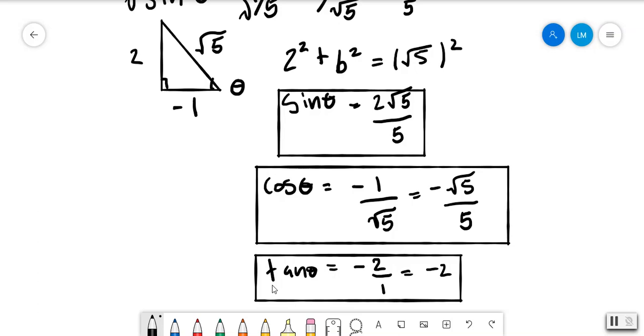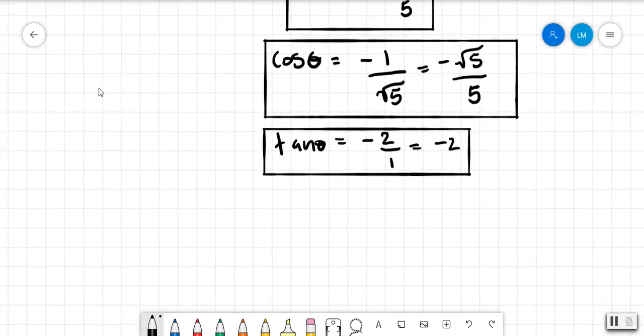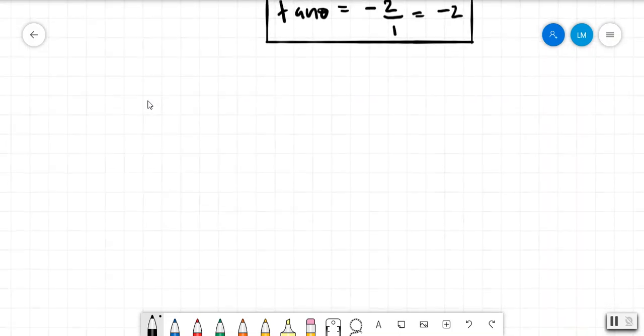So let's say, for example, that we want to simplify the following expression.